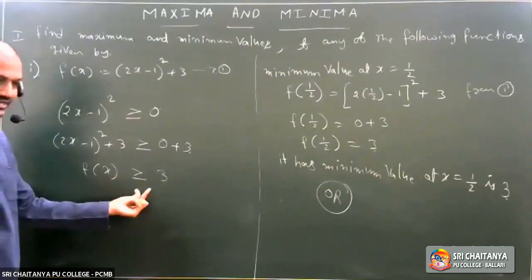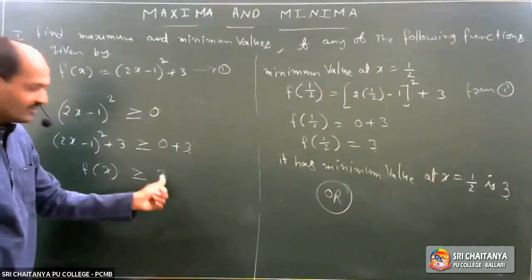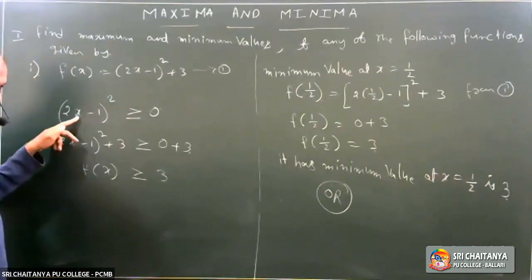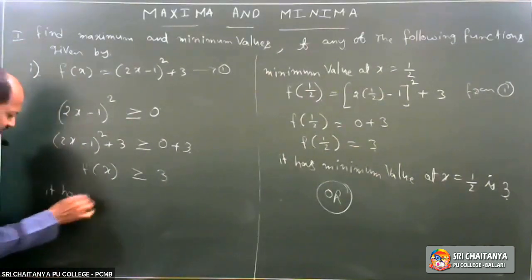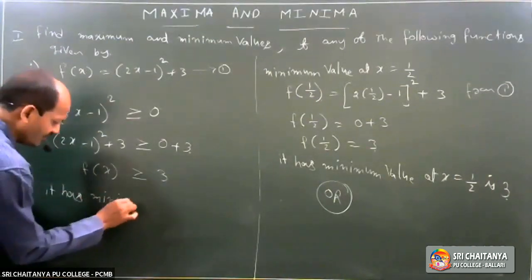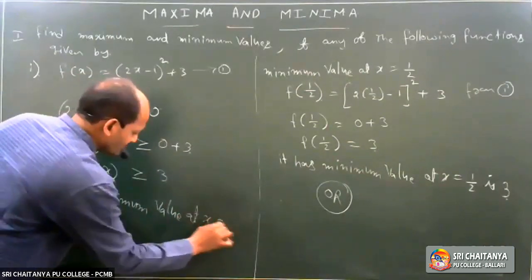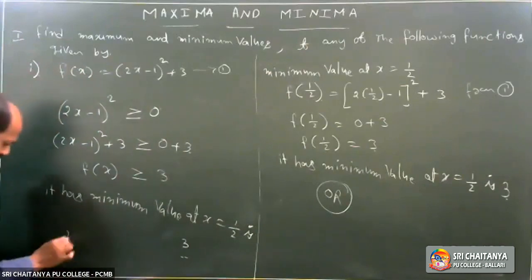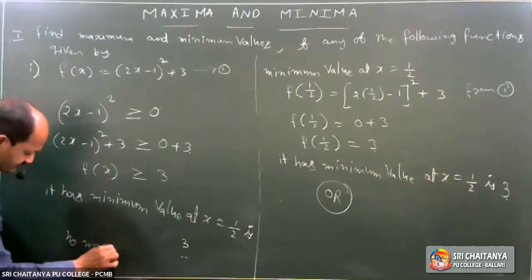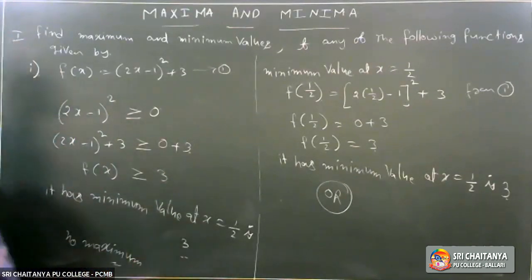So f of x is greater than or equal to 3, therefore clearly it is a minimum at x equal to 1 by 2. Therefore it has a minimum value at x equal to 1 by 2, which is 3. So no maximum value.